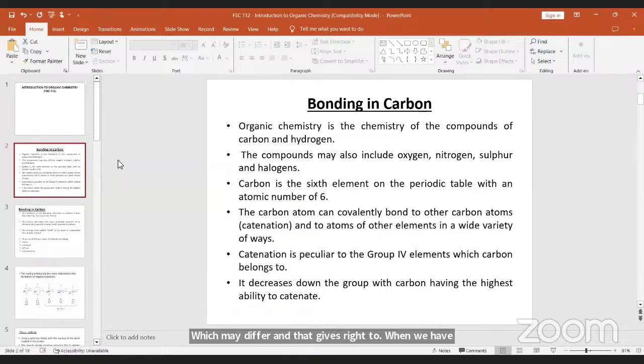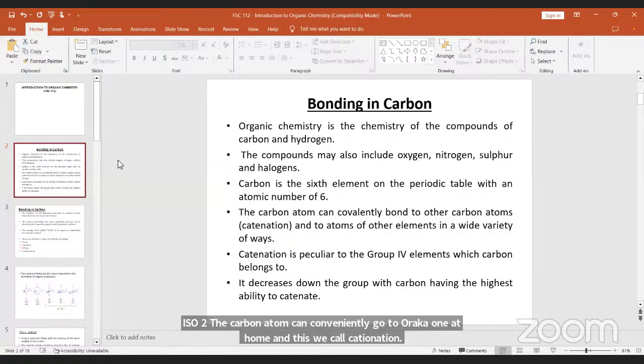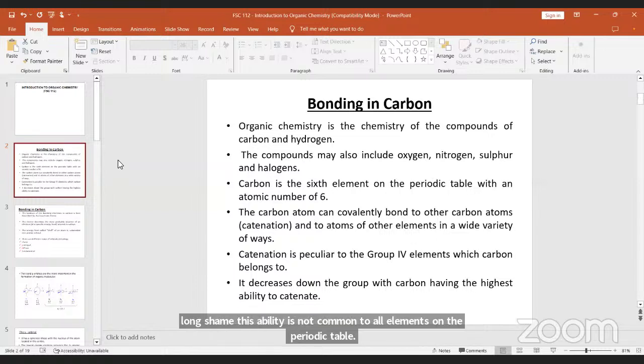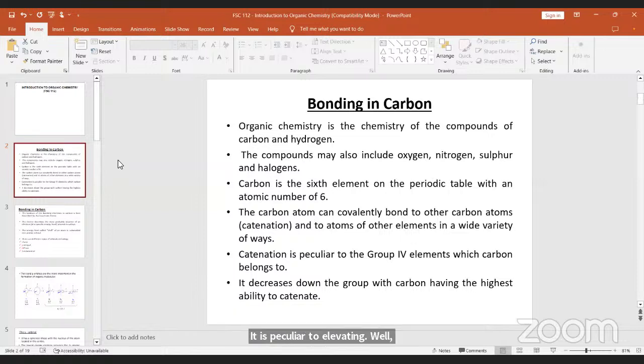The carbon atom can covalently bond to other carbon atoms, and this we call catenation. In other words, carbon can progressively bond to one another to form very long chains. This ability is not common to all elements on the periodic table. It is peculiar, or most peculiar, to elements in group 4.